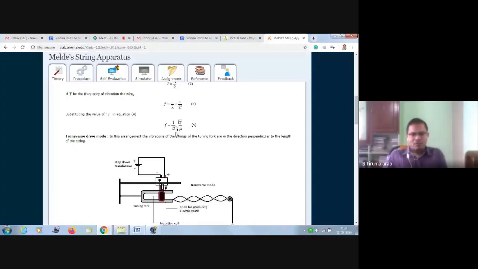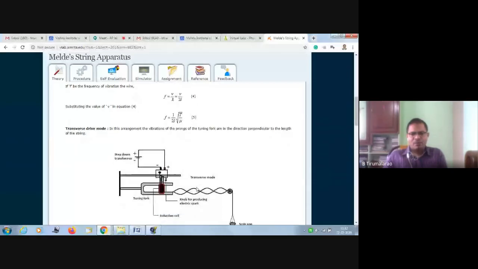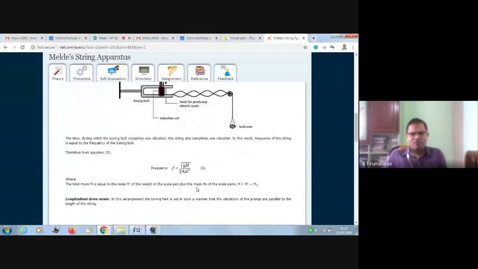Here l is the resonating length, the length of the wire per loop, that is, the length for one loop. Next we will see. All these are formulas.